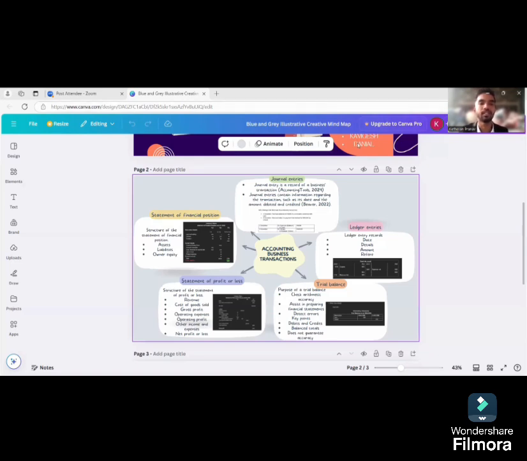It provides a detailed summary of the revenues, expenses incurred, and the resulting profit or loss of the business. This statement is crucial for determining whether a business is financially viable, as it shows the ability to generate profit from its operating.